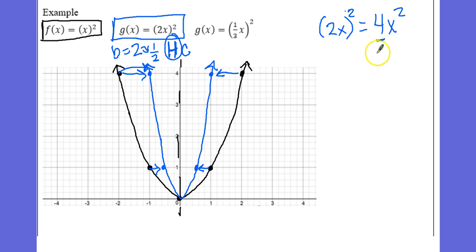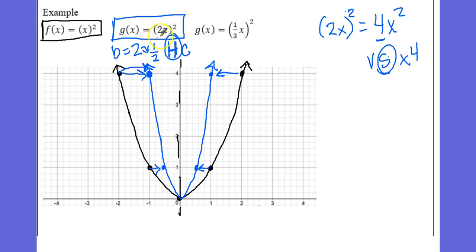It's an A. That's a vertical stretch by 4, right? We learned that yesterday, right? The vertical stretch times 4. So instead of going right 1, up 1, I'm going right 1, up 4. Look at that. Still on my graph. I'm still on my graph.